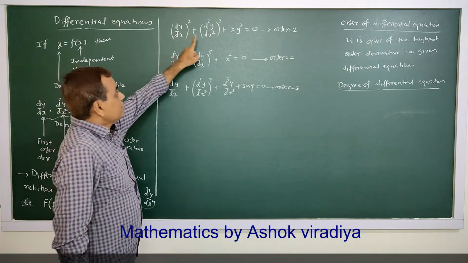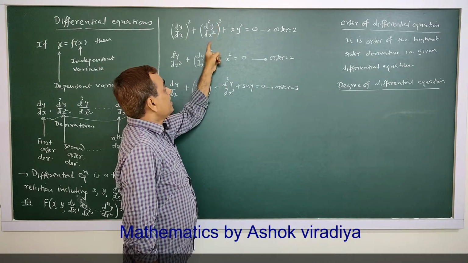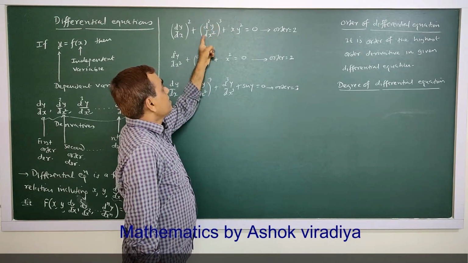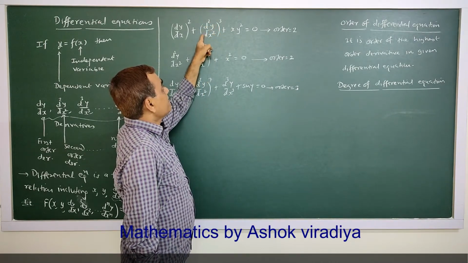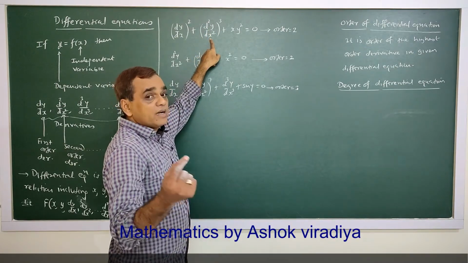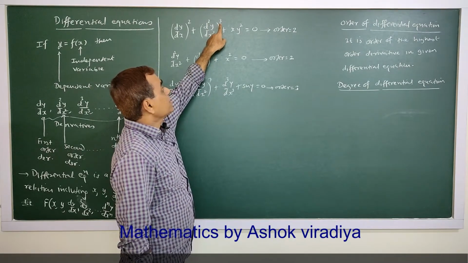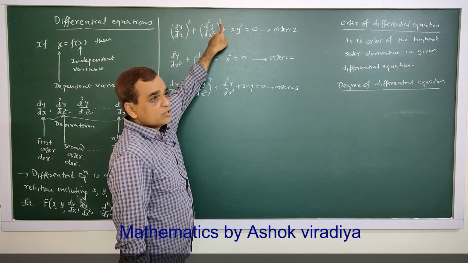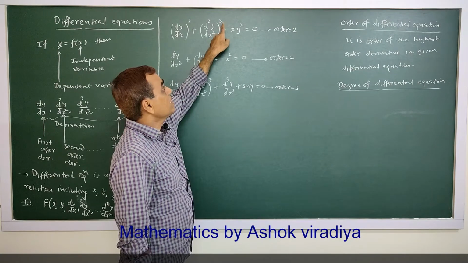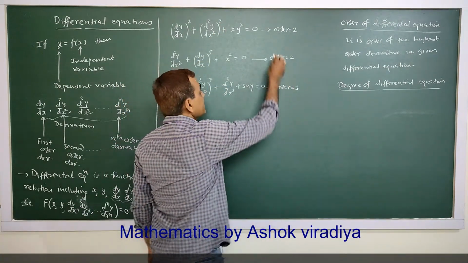Say here this is the highest order derivative, and in this equation the highest order derivative is d square y by dx square. What is its power? Its power is 3. So 3 is said to be the degree. So here the degree is 3.